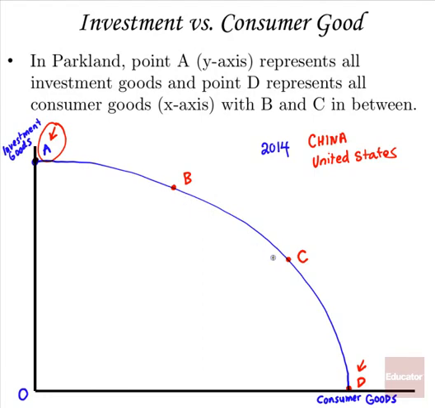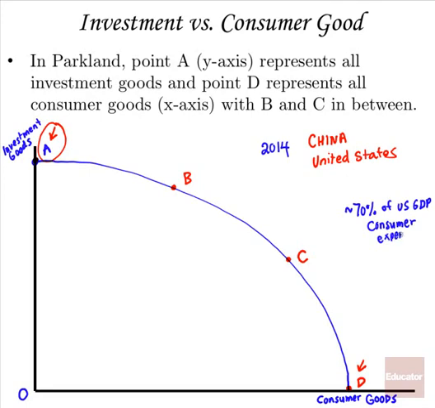Now, you'd have to look at which country spends more on consumer goods versus which country spends more on investment goods. And if you look at that, the United States imports a whole lot of product from China, and it's a really consumer-driven economy. Again, roughly 70% of U.S. GDP is consumer expenditures.